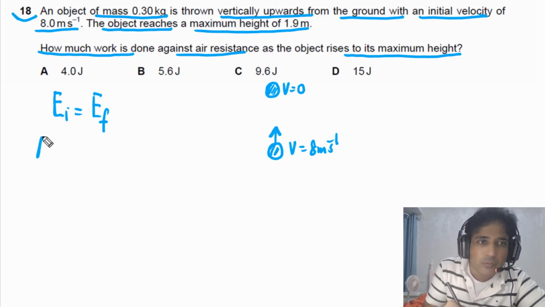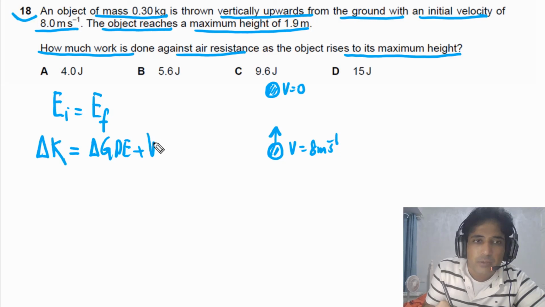So simply we can say the change in kinetic energy of the object, or we can say kinetic energy lost, that will be equal to change in GPE, means the gain in GPE, plus we can say work done against friction. So simply conservation of energy.